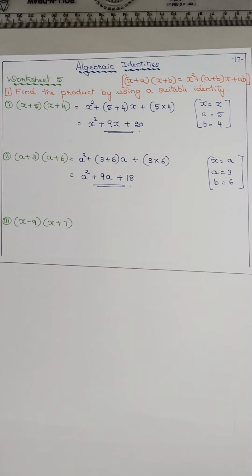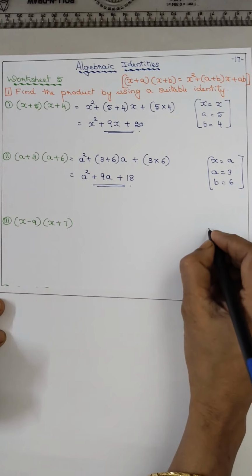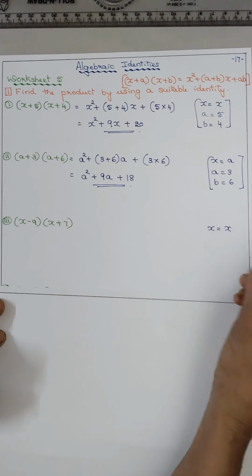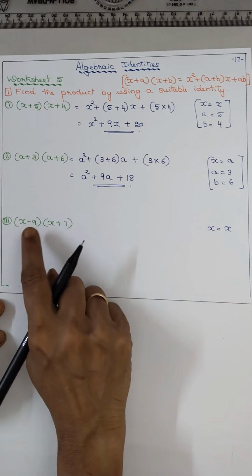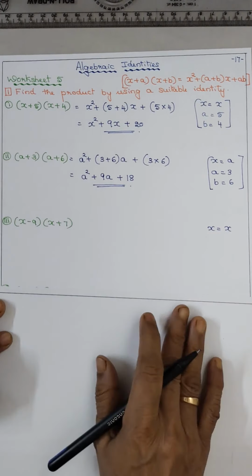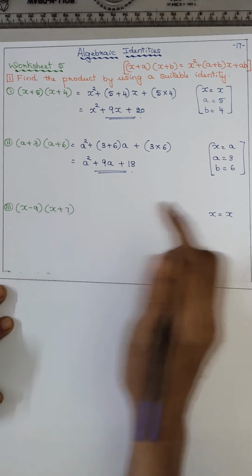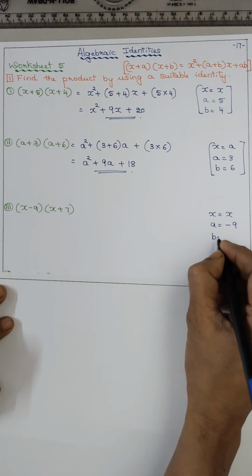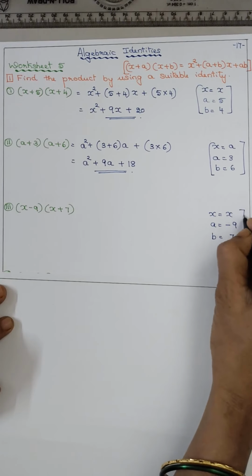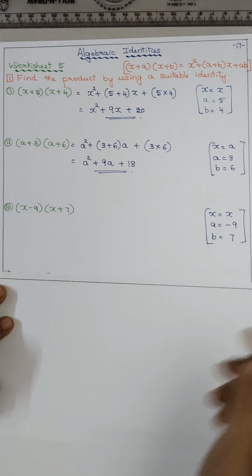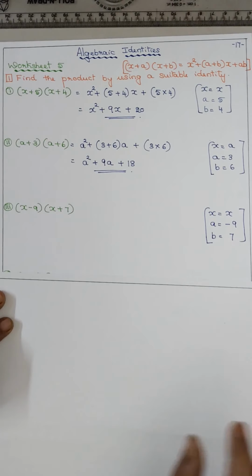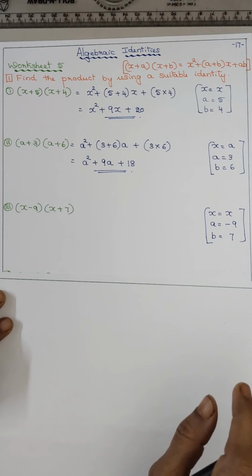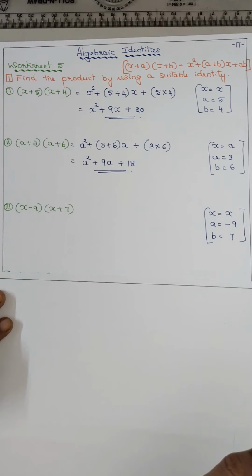Now the third sum, it is x is equal to x. First terms are same, second terms are different. Fifth identity, a is minus 9, b is 7. Now this worksheet is full of identity 5, so no need to worry, isn't it?